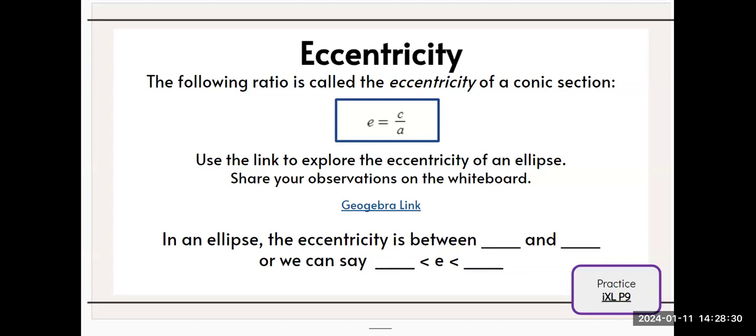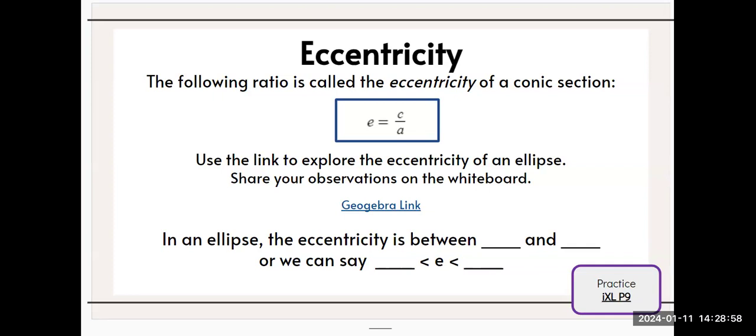So let's take a look at the eccentricity of an ellipse. So here you go. I do have a little notice and wonder board on Nearpod.